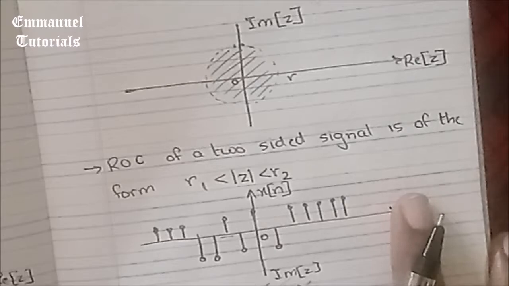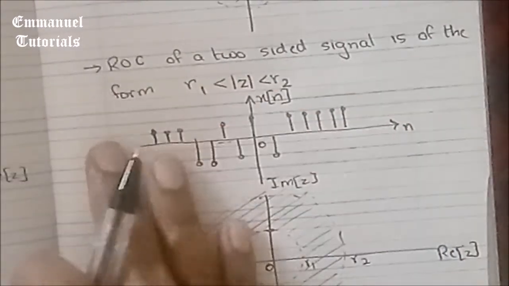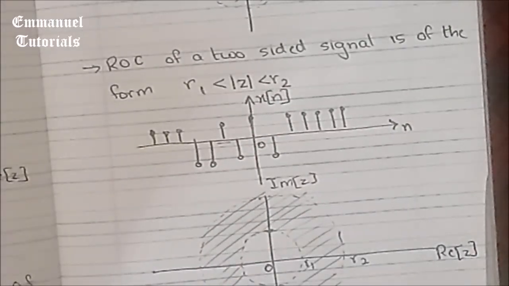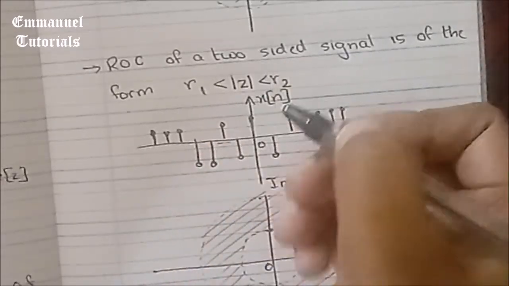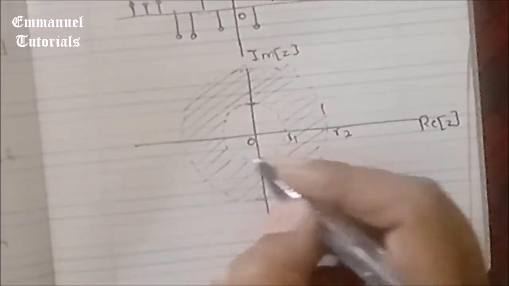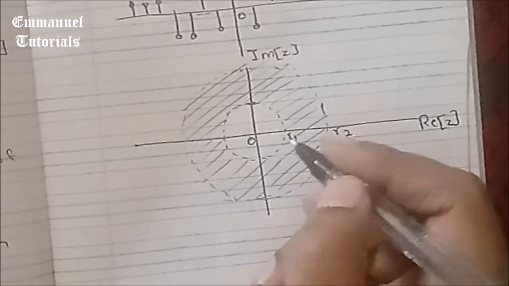Now similarly, if you have a two-sided signal, that means that your signal has both the left hand side and the right hand side. It is not majorly concentrated on one side. Then your ROC will be greater than R1 and less than R2, so greater than the smaller radius and lesser than the greater radius, the two radii given to you.